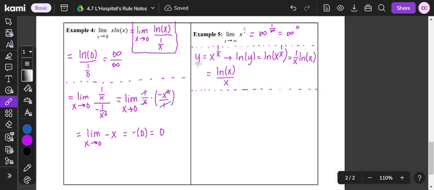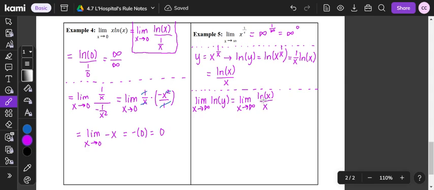Okay, cool. So instead of taking the limit of y directly, we're going to take the limit of the natural log of y, and we'll fix that at the end, but just bear with me. So I can now take the limit as x approaches infinity of the natural log of y. And of course, I just found out that that is actually equal to the natural log of x over x.